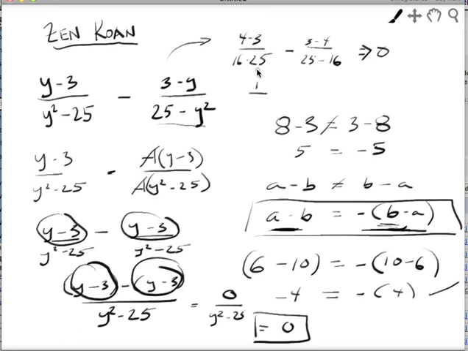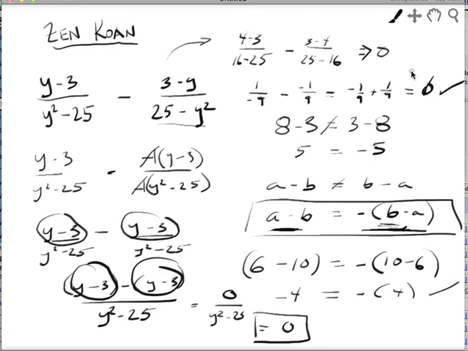And this is 16 minus 25, which is negative 9. And then I'm subtracting. On top we have a negative 1, and on the bottom we have a positive 9. This over here is just a negative 1/9. I'll write the minus sign up front, up top. And here I am subtracting a negative 1/9, which is the same as adding a positive 1/9. I think you can see that this does indeed go to 0, and it checks.